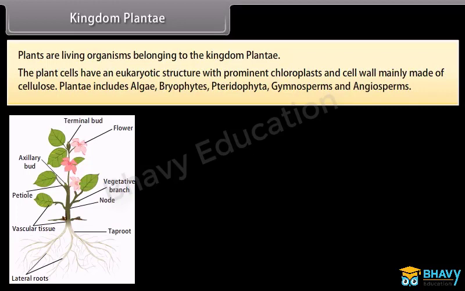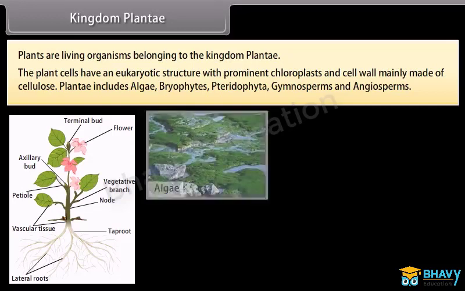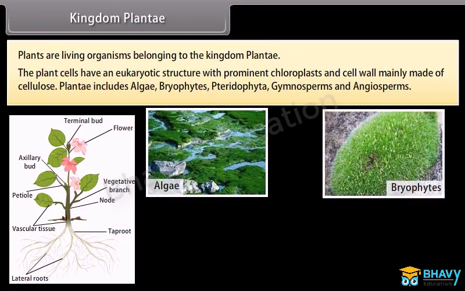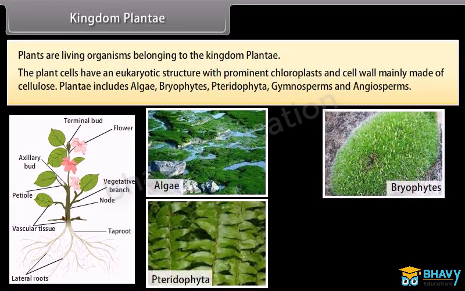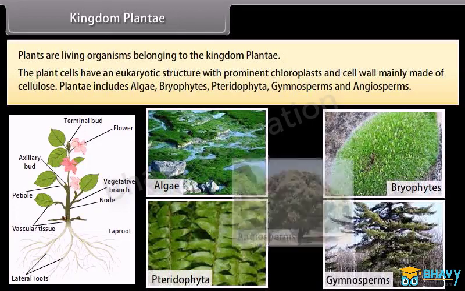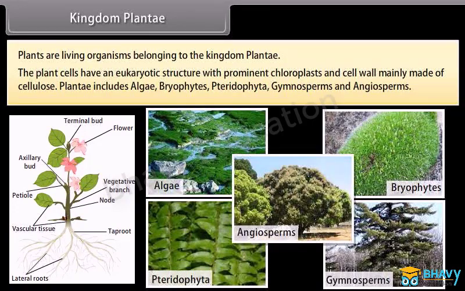The plant cells have a eukaryotic structure with prominent chloroplasts and a cell wall mainly made of cellulose. Plantae includes algae, bryophytes, pteridophyta, gymnosperms, and angiosperms.